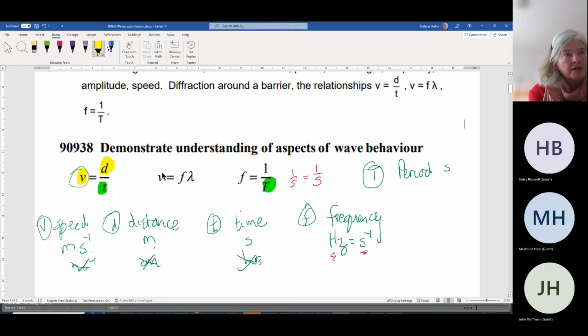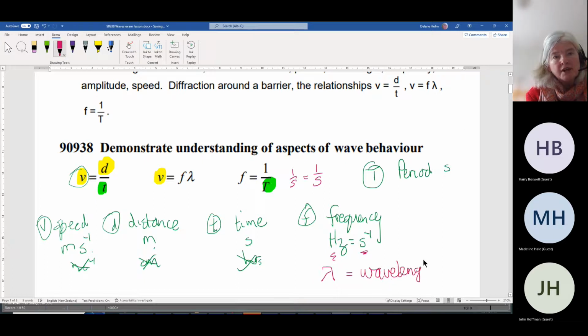If you know V, then you have also got V over there. So this could be a possibility if we can work out either F or lambda somewhere. Because remember, distance, lambda, oh, I didn't actually say what lambda was here. Lambda is equal to wavelength.